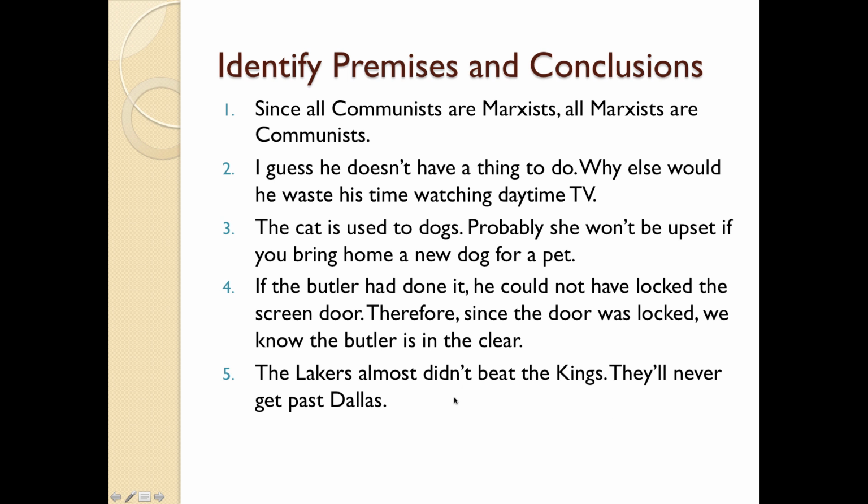What I want you to notice is that the stated premise is that the Lakers almost didn't beat the Kings. There's something unstated here. So this is an argument that contains some unstated premises. It has to do with the relationship between the Kings and Dallas, right? So notice I'm just giving you examples, and I'll try and put some more online so you can test this out.